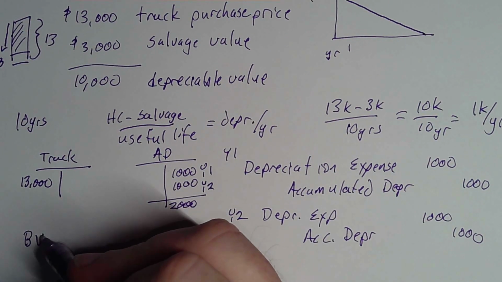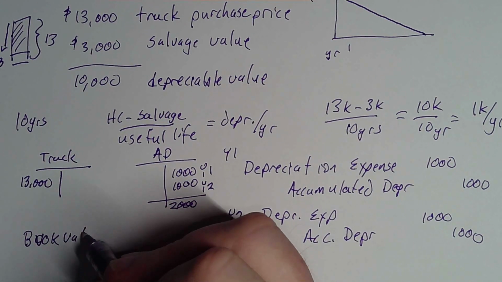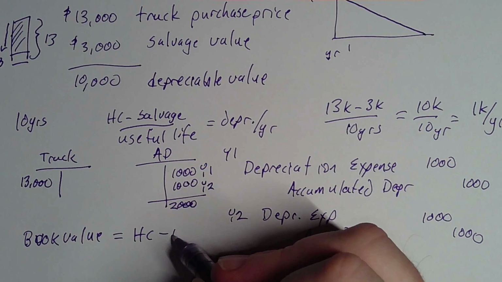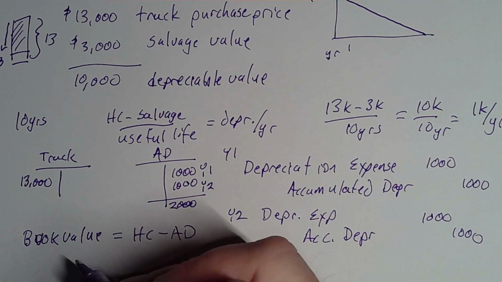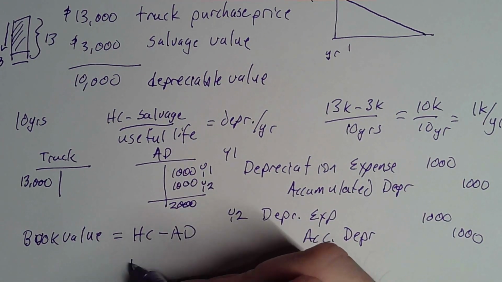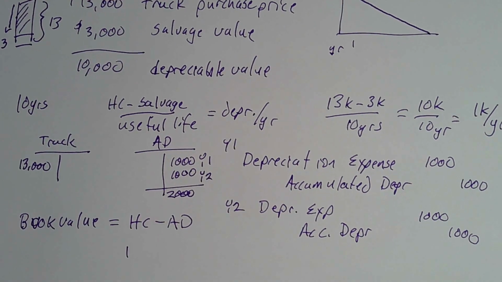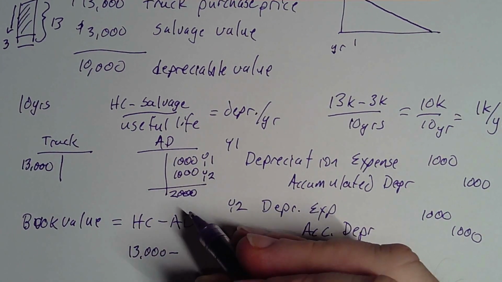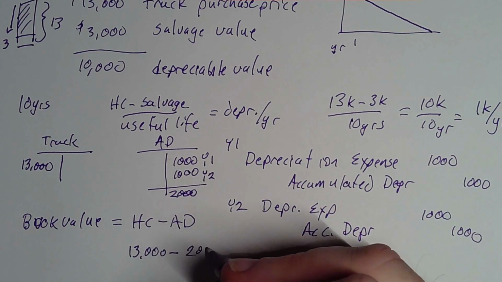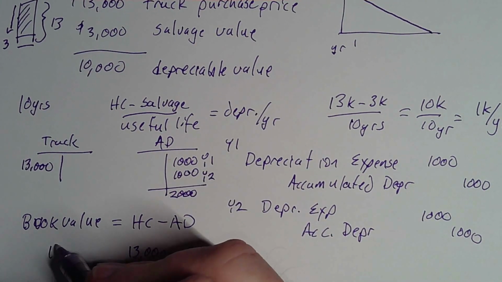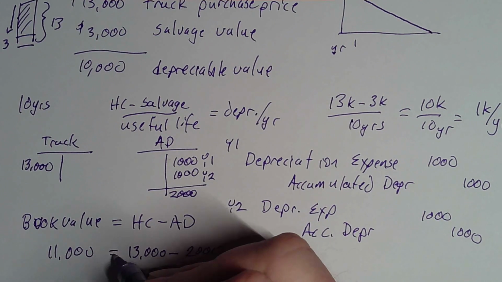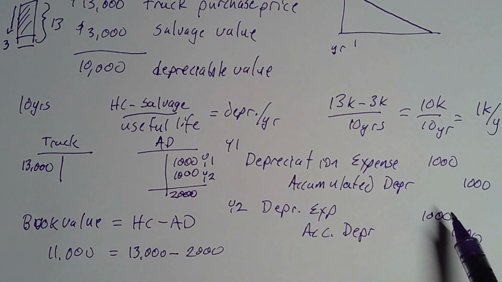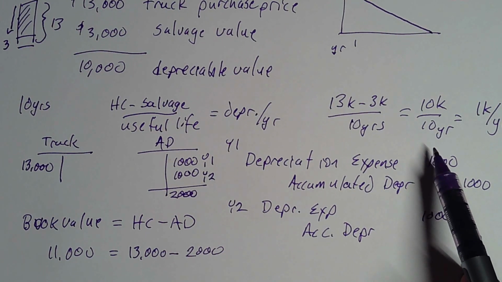Book value, let me write it out. Book value is the historical cost minus the accumulated depreciation. So here, the historical cost is $13,000. You notice we haven't changed that. After year two, we've depreciated it for 2 years, which is $2,000. So the book value is going to be $11,000. Now, if we're going to be doing this over 10 years, we're going to be depreciating over 10 years.